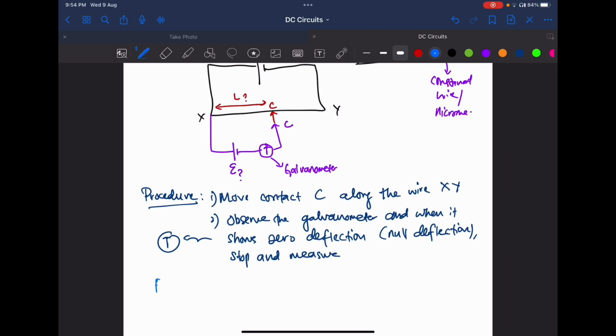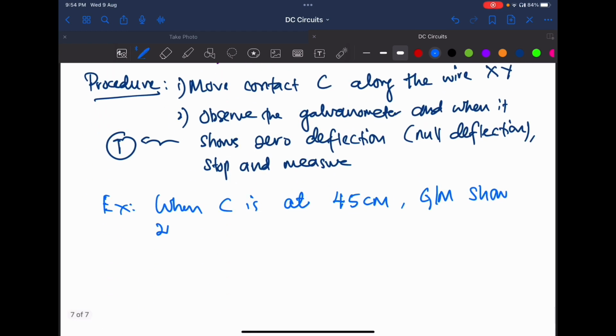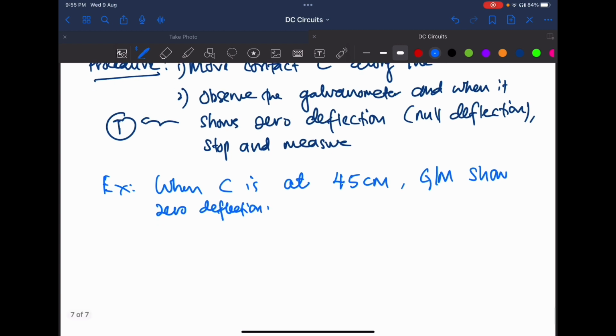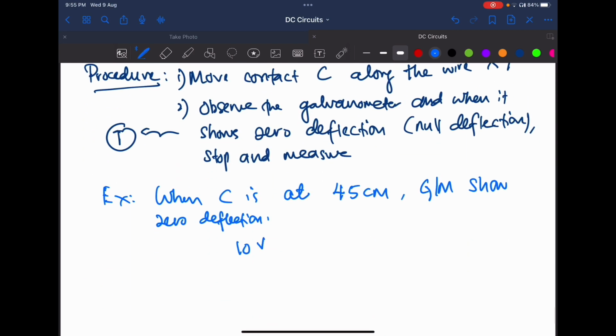Example, say when C is at 45 centimeters, the galvanometer shows 0 deflection. So what we know is that 10 volt is equivalent to 100 centimeters. 1 centimeter is 0.1 volt.